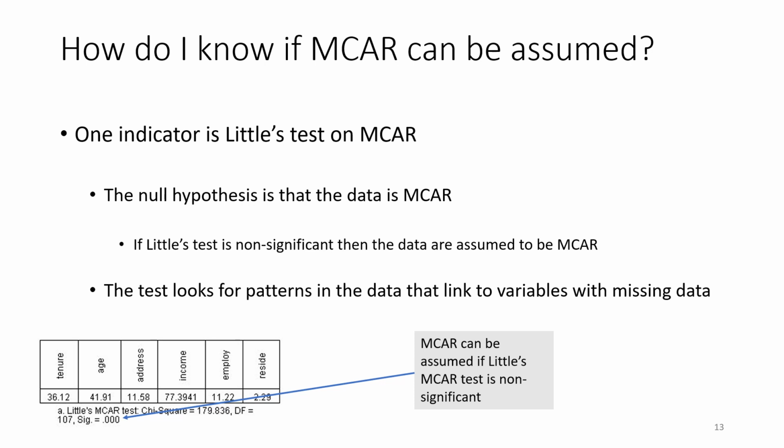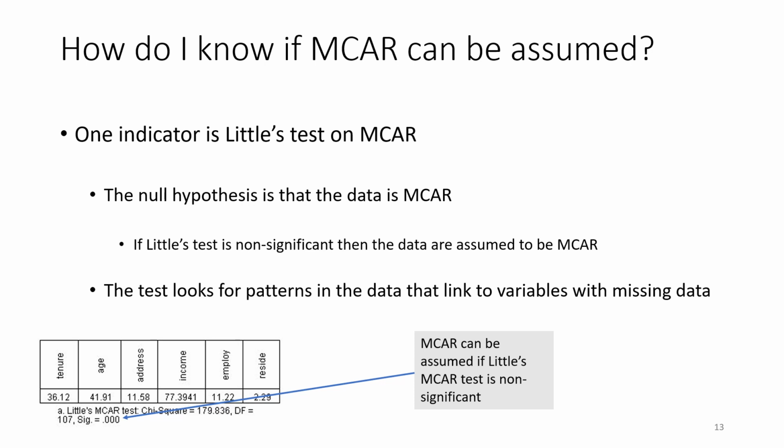If that chi-square value is non-significant, then we assume MCAR. If it is significant, then we cannot assume MCAR. Therefore, the data would either be missing at random or missing not at random.